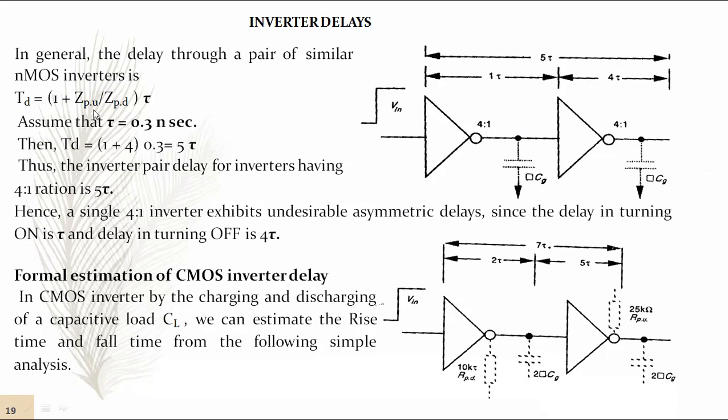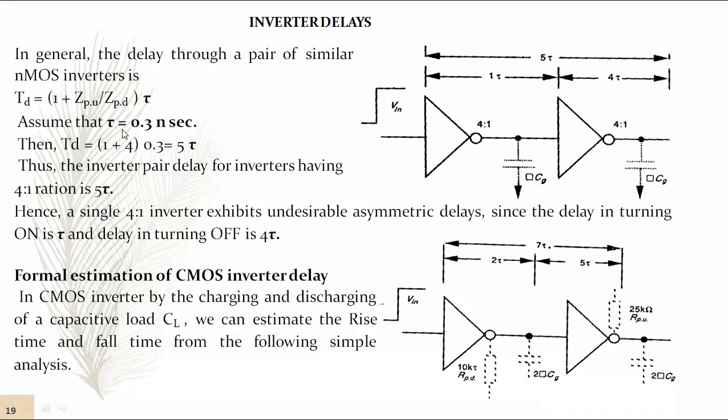Okay, the general expression for a pair of similar NMOS inverters is a time delay, time constant, tau equal to 1 plus ZPU by ZPD, that is the pull up to pull down ratio of one NMOS inverter driven by another NMOS inverter, multiplied by the tau.